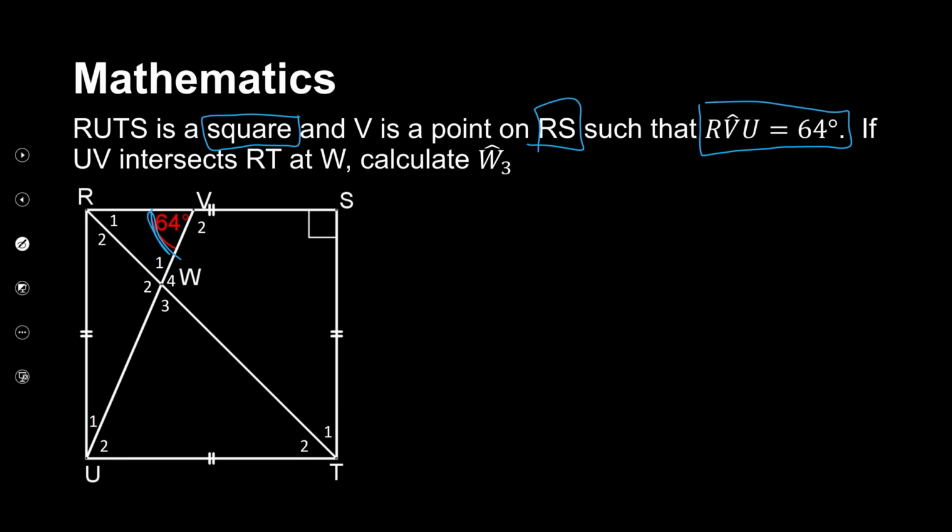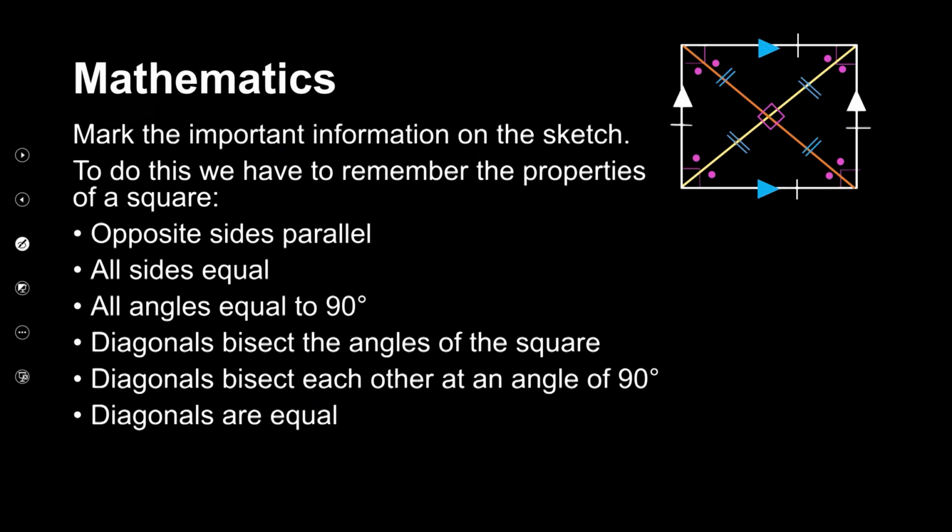And then lastly, if UV intersects RT at W, so these are now straight lines making this angle and that angle to be equal because they are vertically opposite angles. Now I want you to find what is W3. But first, remember, go back to the properties of a square and then apply that on the sketch.